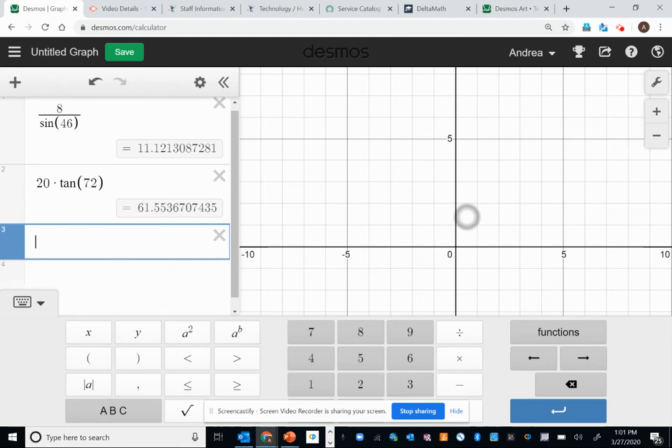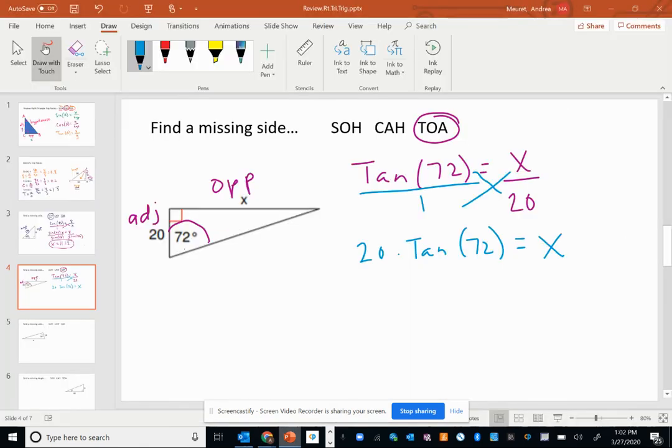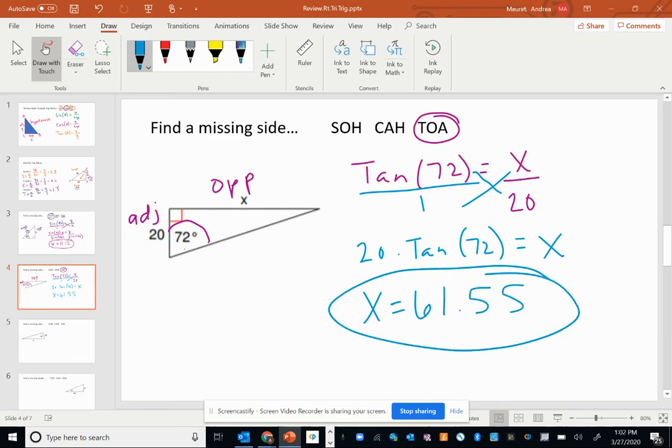So 61.55 if we round correctly. And that seems reasonable. It's across from the 72-degree angle, so it should be more than 20, and 61.55 looks great.